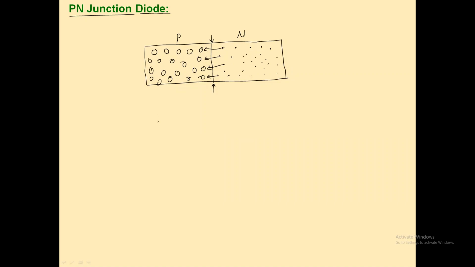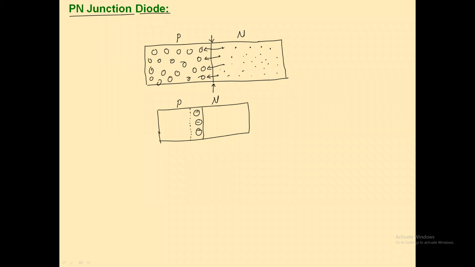So when they cross the boundary, definitely they will combine with the holes near the boundary in the P region, so that within a fraction of a second, in the P region, the negative ion layer is formed near the boundary. Why negative ion? Because electrons will combine with the holes in that P region, so the negative ion layer is formed in that P region.